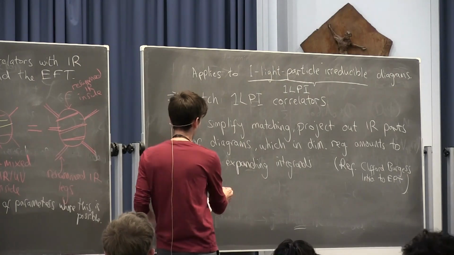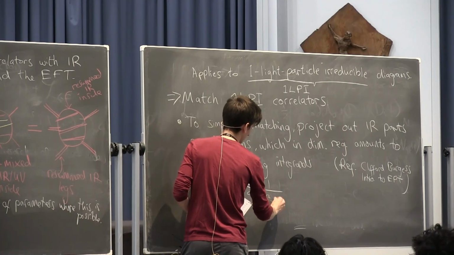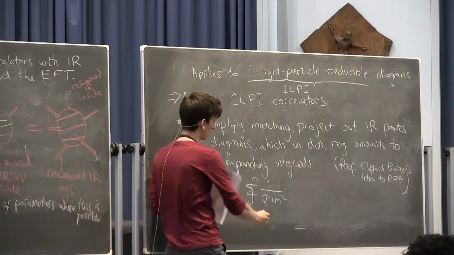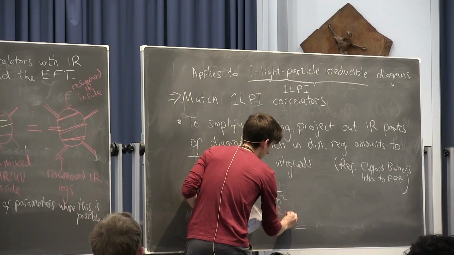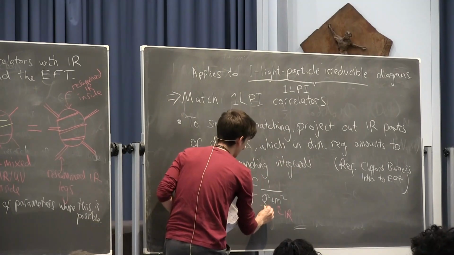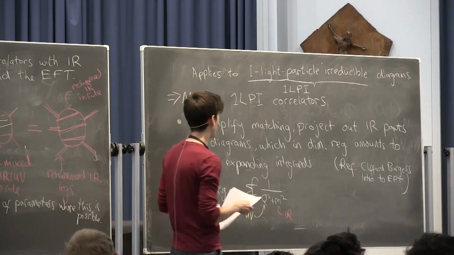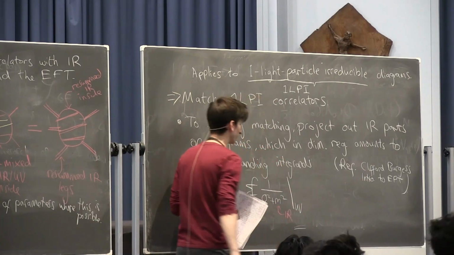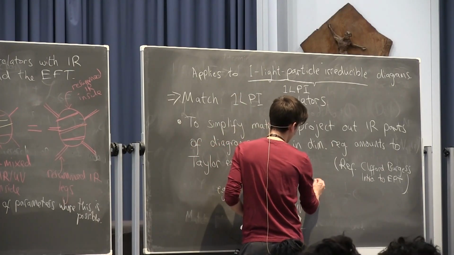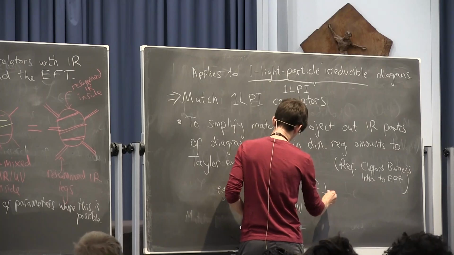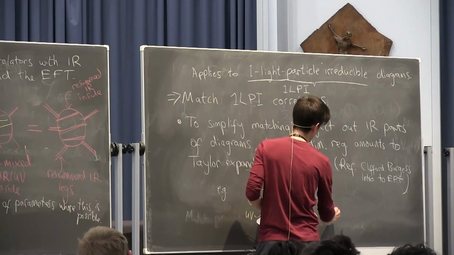But as an example, if we had the following loop integral where m is much smaller than t, so this thing is IR, and this thing is UV, and we want to project out the IR parts, or essentially just take the UV parts of this loop integral. That means we Taylor expand in the integrand. Well, let's make that squared, just because.